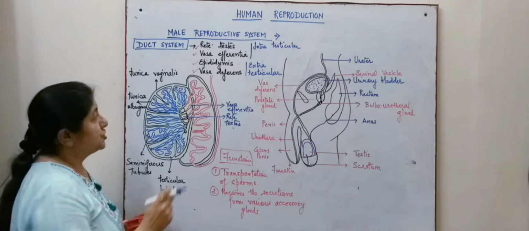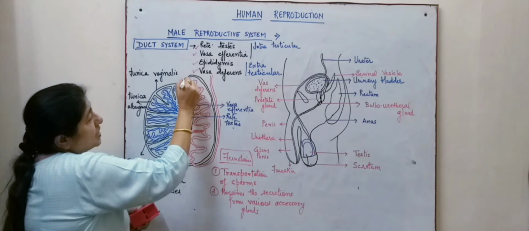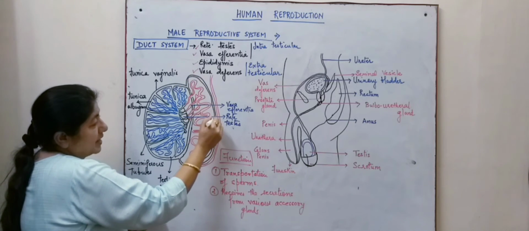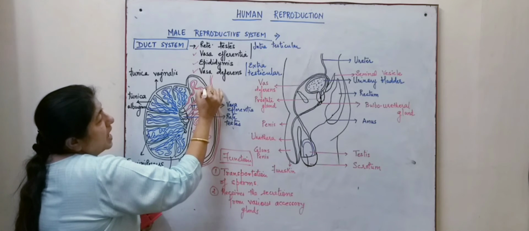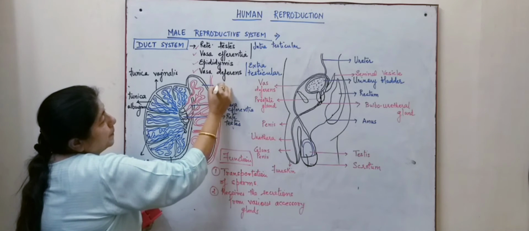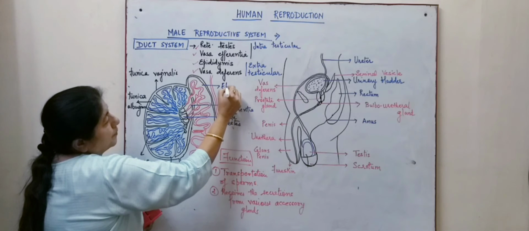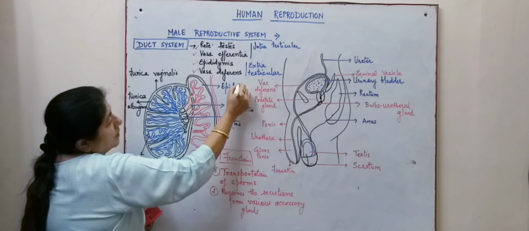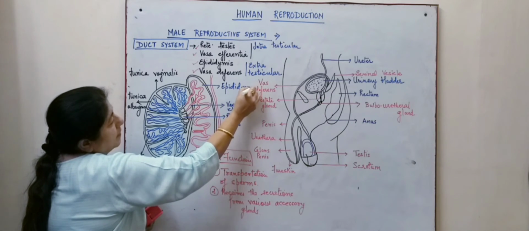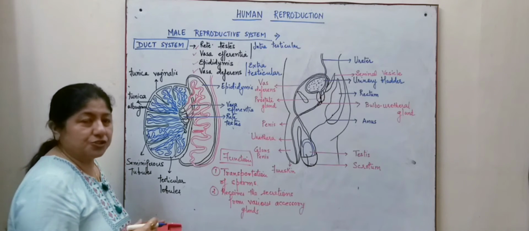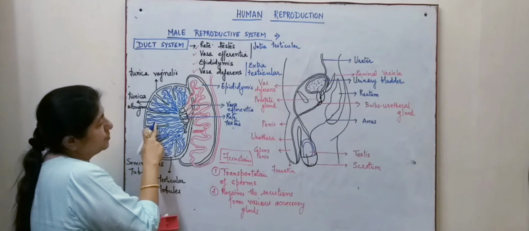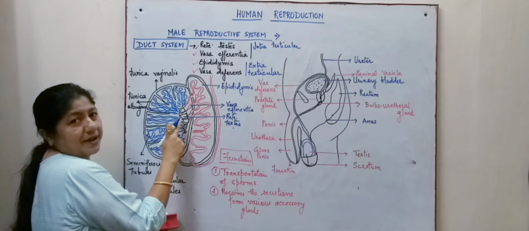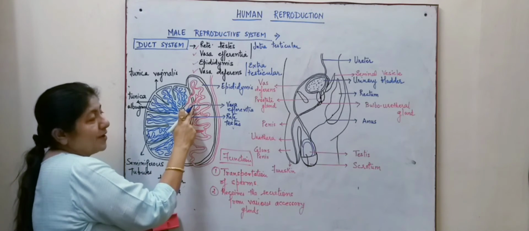Here, this is the rete testis and vasa efferentia. From the vasa efferentia, you can see a structure which is attached to the testis, and this is known as epididymis. The sperms which are produced in the seminiferous tubules are carried by the rete testis to the vasa efferentia.